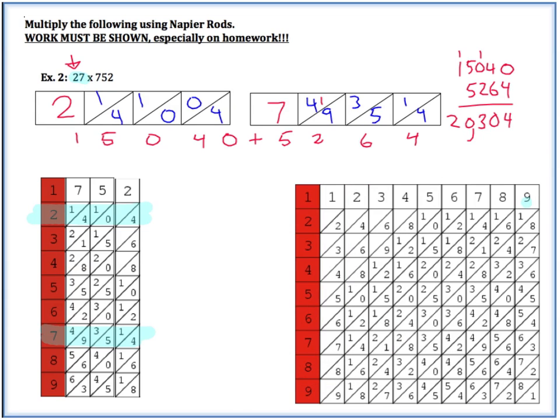The only thing new in that step was because this 2 was in the tens column here, we had to add a 0 at the end of our number. And because it was a double-digit number, we actually had to add these two numbers together to get our final answer of 20,304.